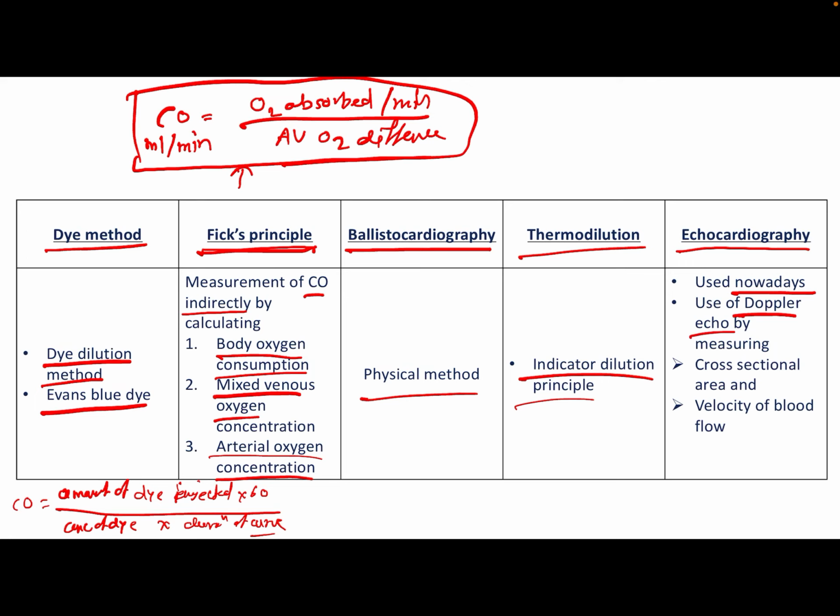It uses Doppler echo, measuring the cross sectional area and velocity of the blood flow. So nowadays the most recommended method is the echocardiography method. This is about the methods used for measurement of the cardiac output.